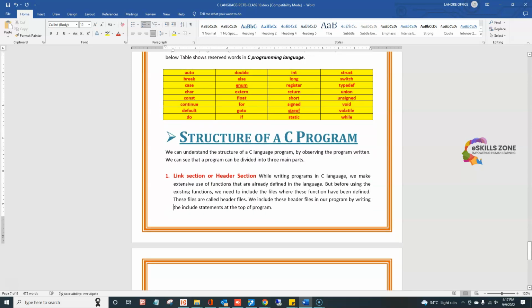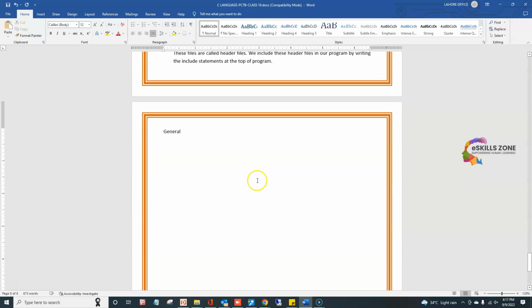The general structure of an include statement is as follows. First we type the hash symbol, then include, and then the header file, whatever the name of the file we will include over here.